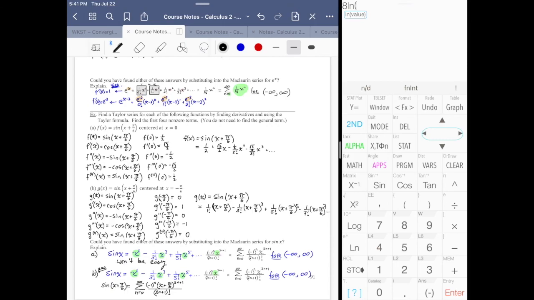So 0 doesn't do it, but negative pi over 6 does. If my array of derivatives for the sine function is 0, 1, 0, negative 1, 0, I would want to be thinking, no matter how complicated the expression is inside the sine function, is there a value that I could plug in for x in order to make that work out?